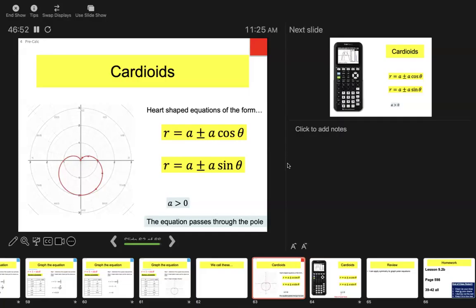Did you use the negative key or the minus key? If you're in y equals, put it in polar form.